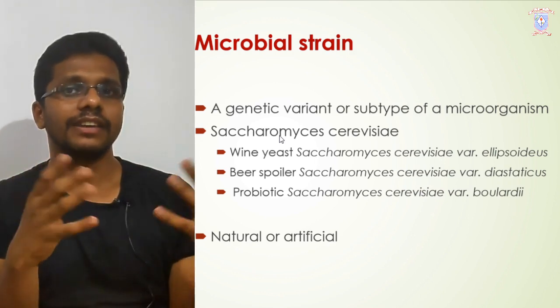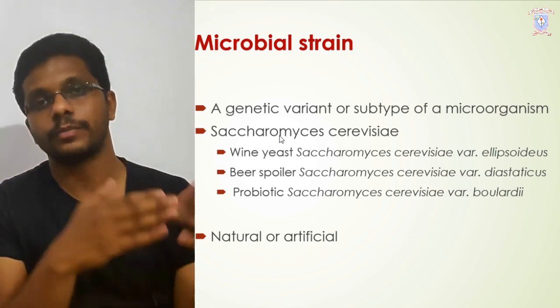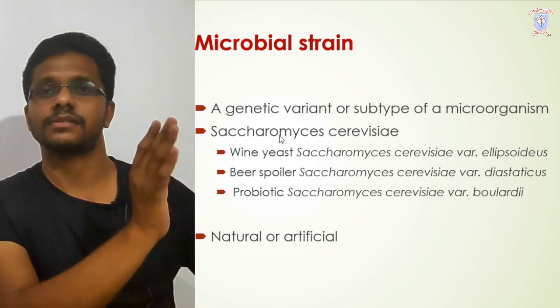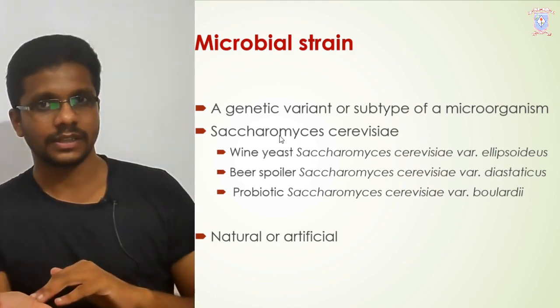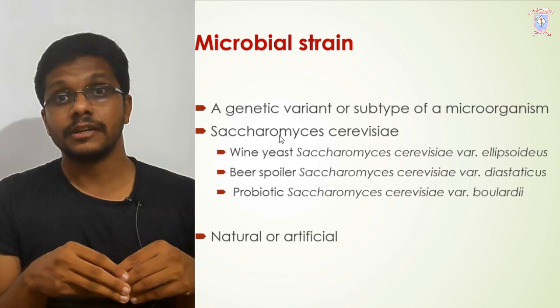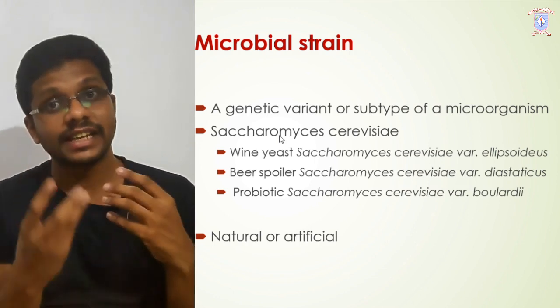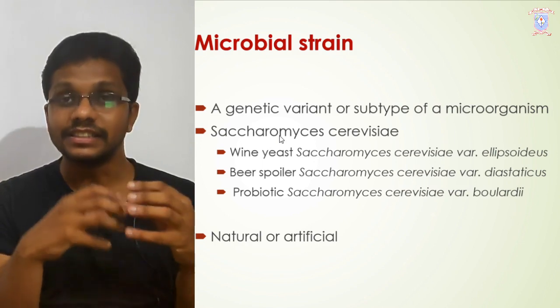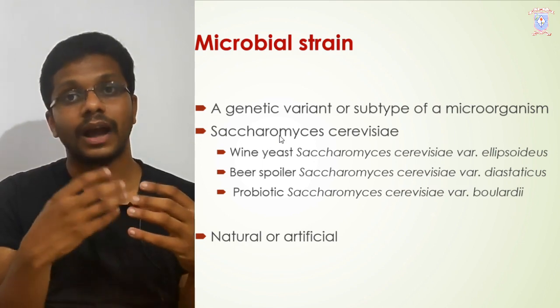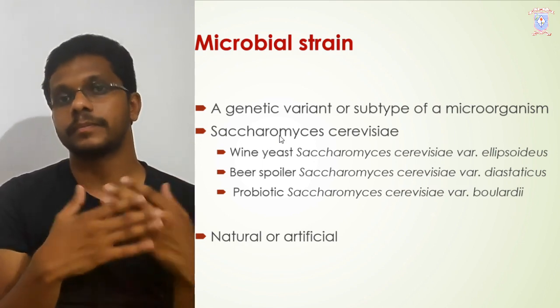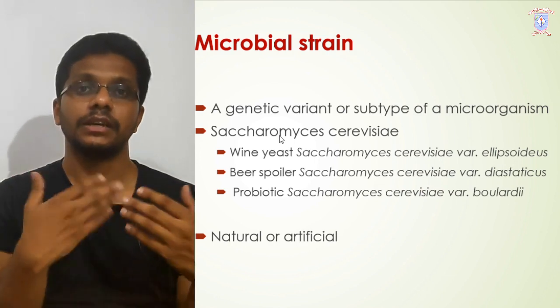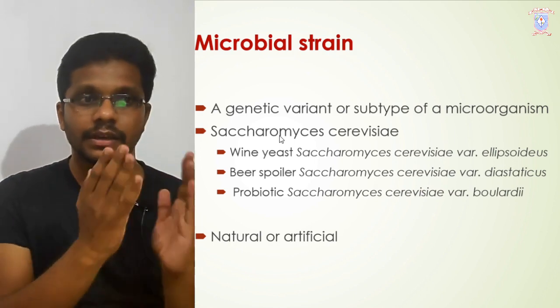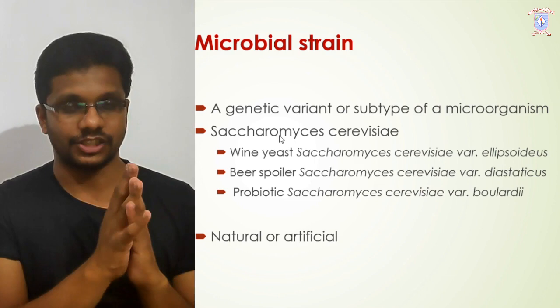That's why we had a discussion, with people debating whether the coronavirus was made by Chinese scientists or not. For industrial purposes, we can actually engineer an organism, like in synthetic biology. We can engineer an organism to have additional features or better productivity, etc. So these strains can be natural or artificial.